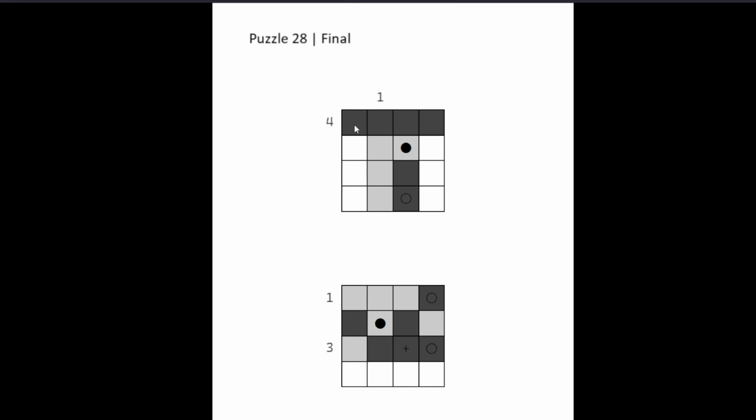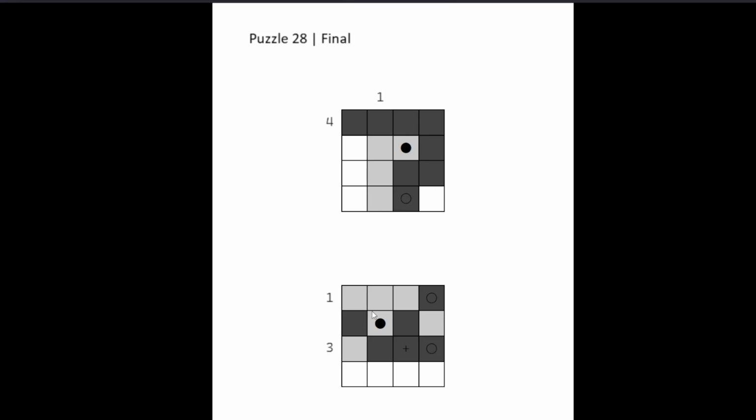Okay, then for the black path, just staying up here is not helpful. We need to either go down here, all the way here, and then go across, or we just go down here, and then it feels like we're in pretty good shape.